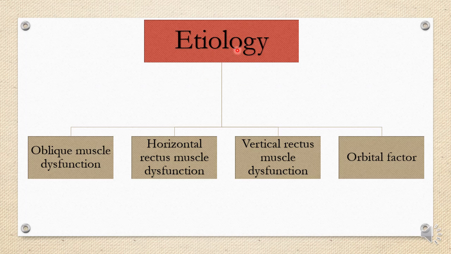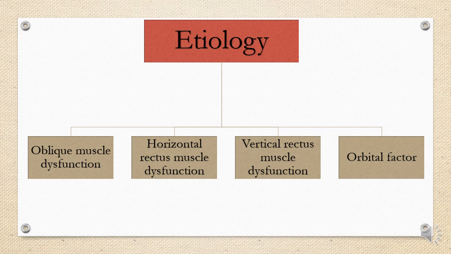Etiologically, there are basically four factors because of which it can be caused. It could be oblique muscle dysfunction, horizontal rectus muscle dysfunction, vertical rectus muscle dysfunction, or orbital factors.